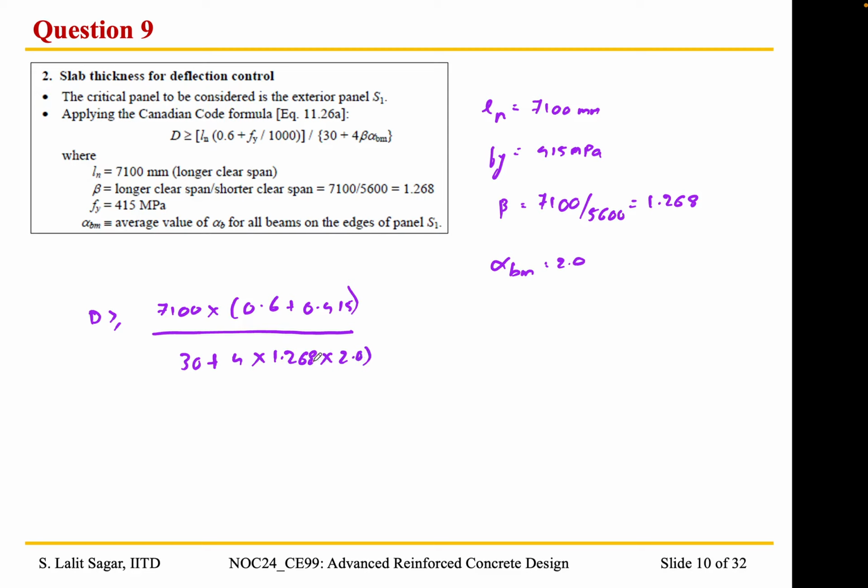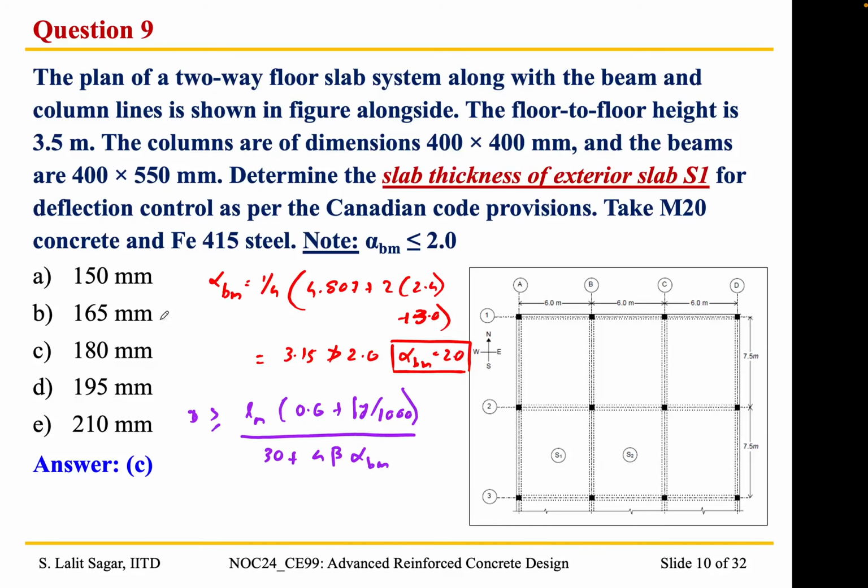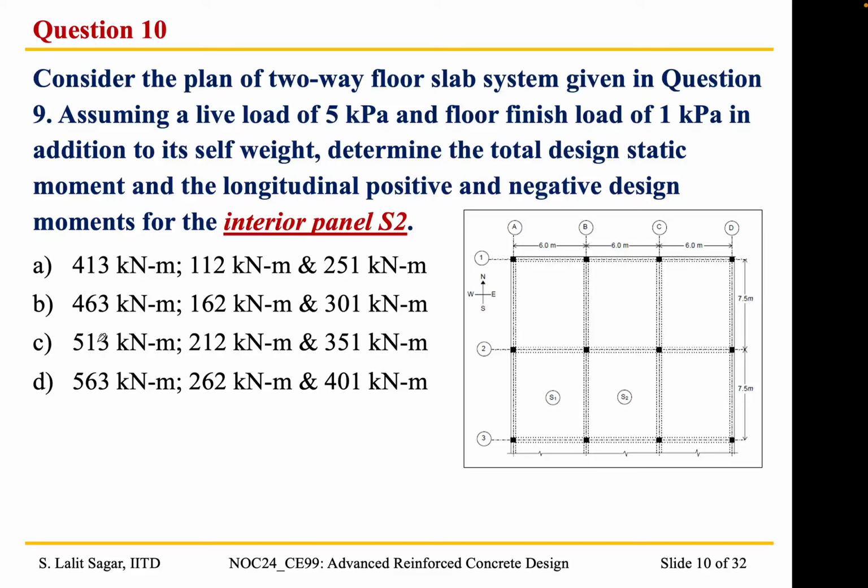When we simplify that, we get D is equal to 179.52. So in order to ensure the deflection control check as per the Canadian code, we need to provide a minimum overall slab thickness of 180 millimeter. So option C is the right answer. Okay.